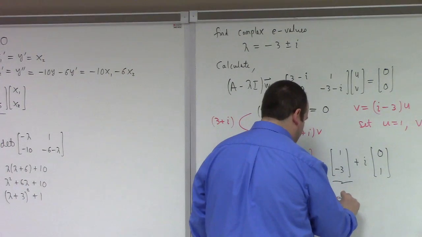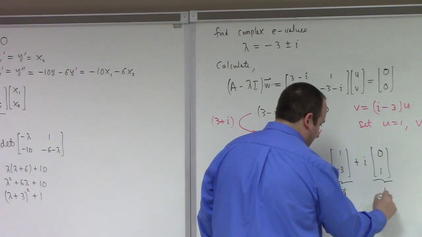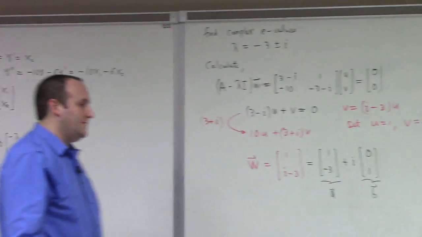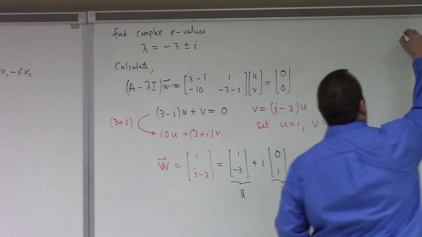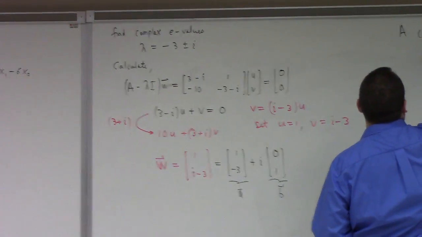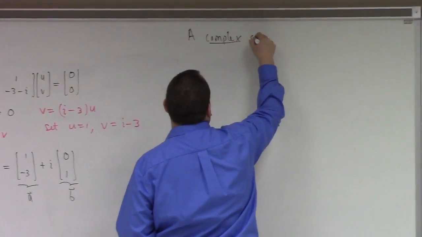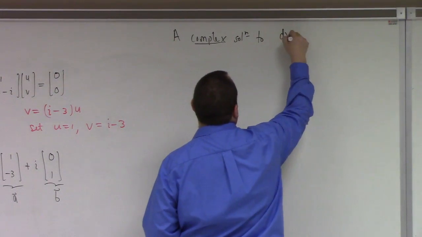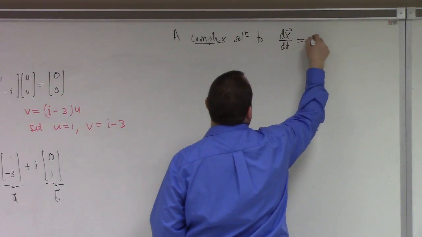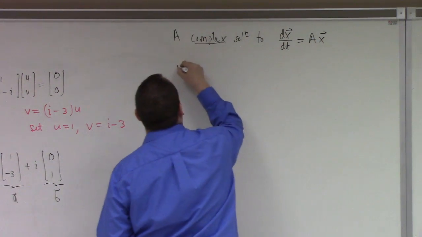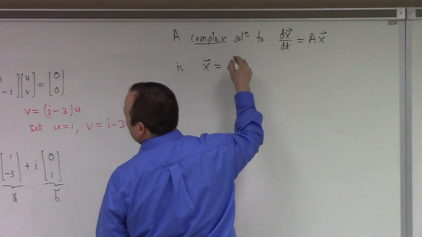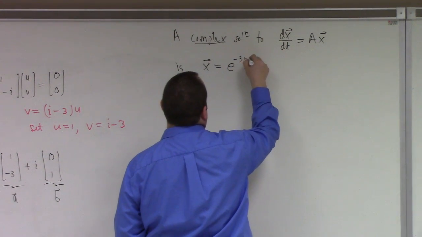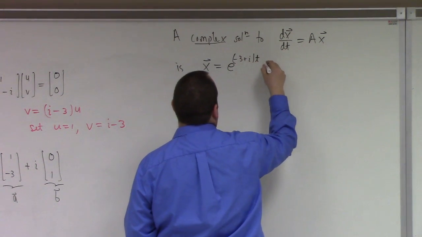I will refer to the first vector as A and the second vector as B. That's the real and the imaginary vector parts of the complex eigenvector. Now, a complex solution to dx/dt equals Ax is given by x equals e to the (minus 3 plus i)t times w.